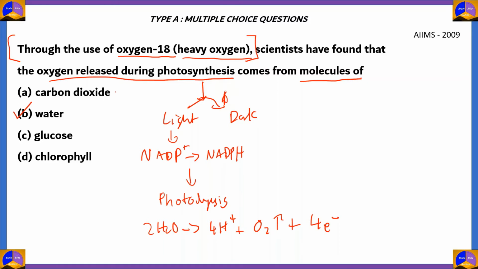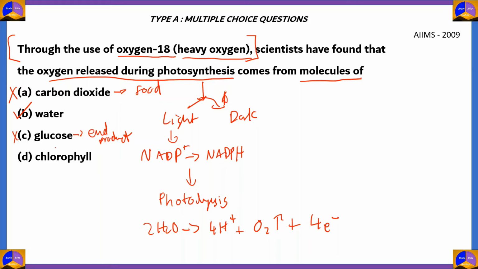Carbon dioxide in photosynthesis becomes the food or carbohydrates that plants form. So option A is incorrect. Option C, glucose, is the end product which is stored in plants in the form of starch. So therefore, option C is incorrect because this is already formed. They wouldn't break it further in order to release oxygen because this is the final product that plants need.